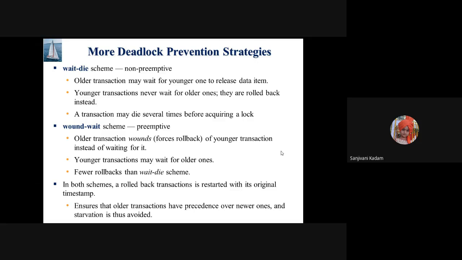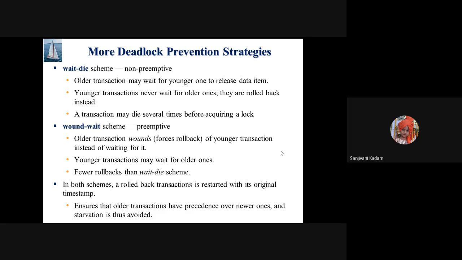In wound-wait, the older transactions wound the younger ones. That is, the younger transaction needs to be rolled back forcefully instead of the older one waiting for it, and younger transactions may have to wait for the older transactions. So it is exactly the reverse of the wait-die scheme.